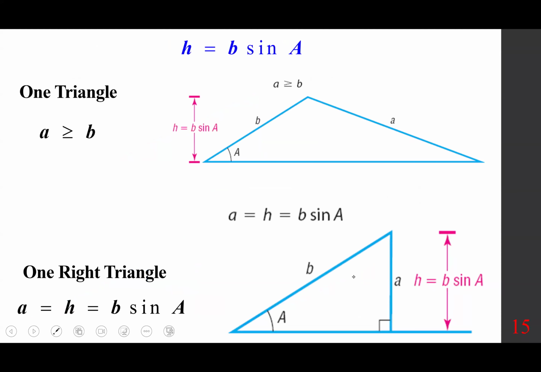Now, what happens if H is equal to b times sine A? H equals b sine A. If a is larger than b or equal to b, that works out. If a is equal to H, which equals b sine A, we end up with a right triangle.